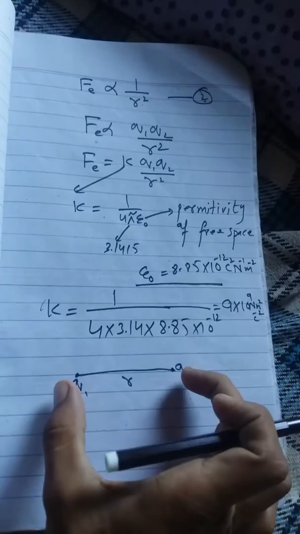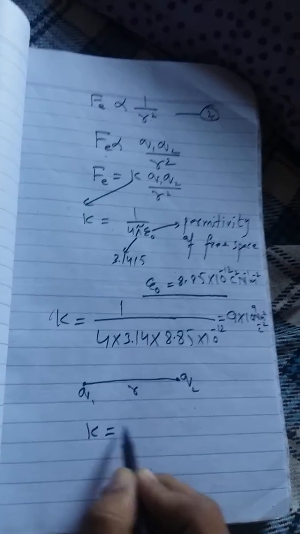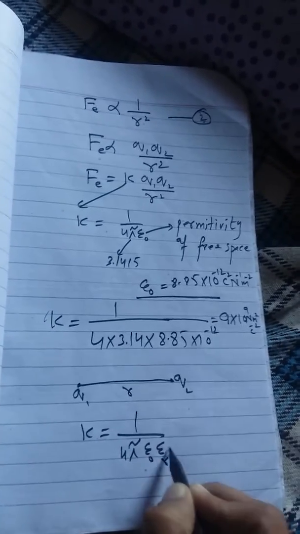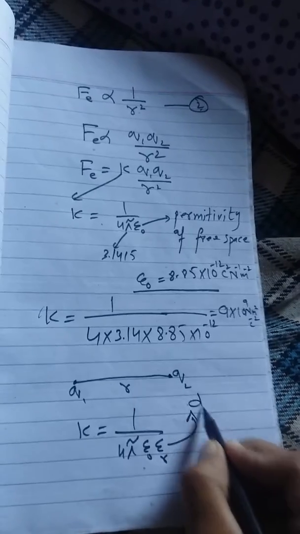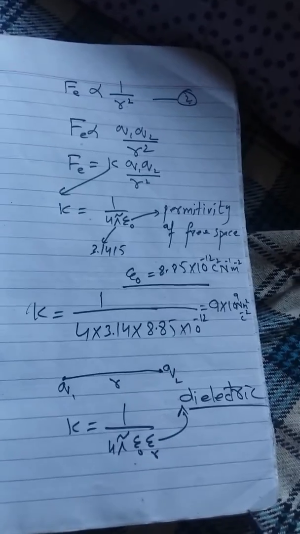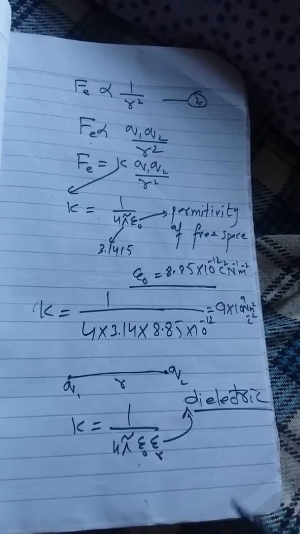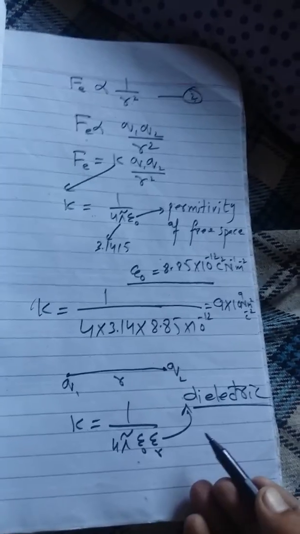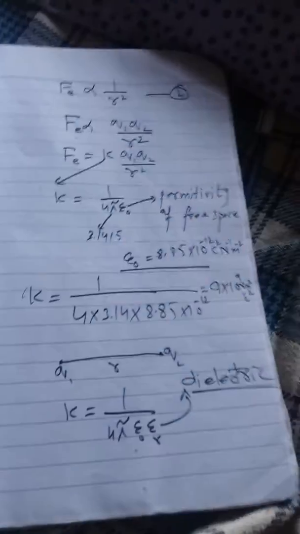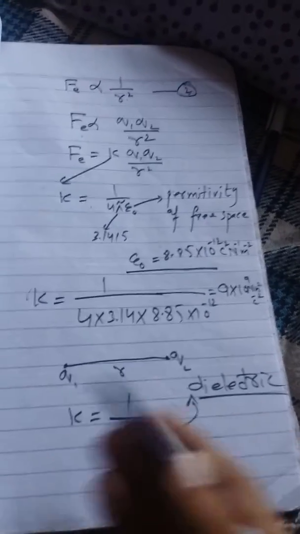If I apply some dielectric between two charges, then the value of K will become 1 over 4 pi epsilon naught epsilon r. This epsilon r is the value of the dielectric between these charges. This value depends upon the nature of the dielectric, as I have told, that is, upon the medium between two charges.